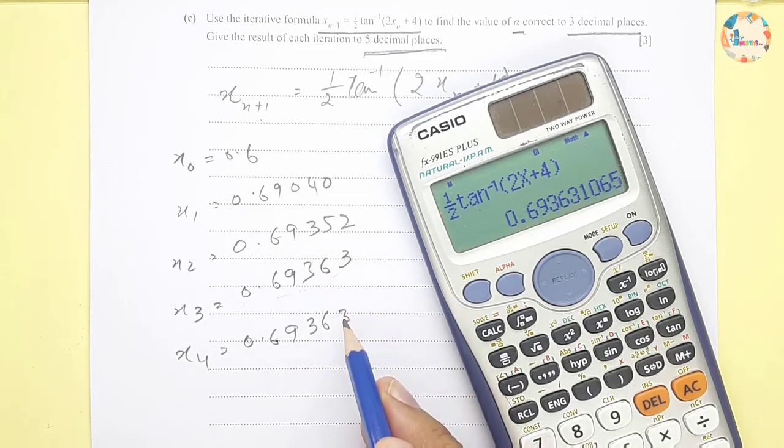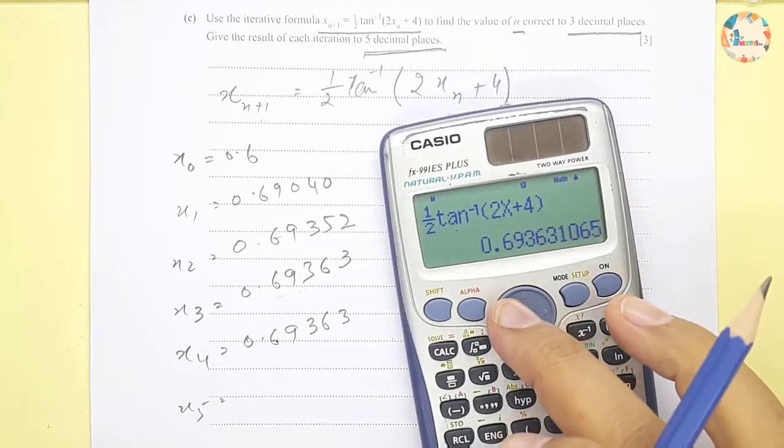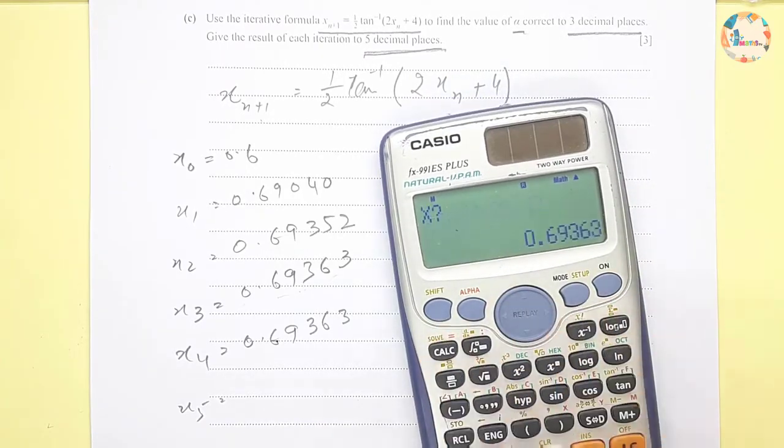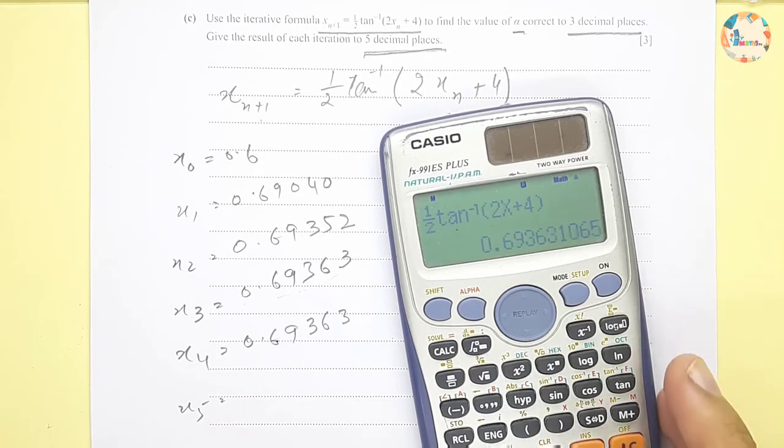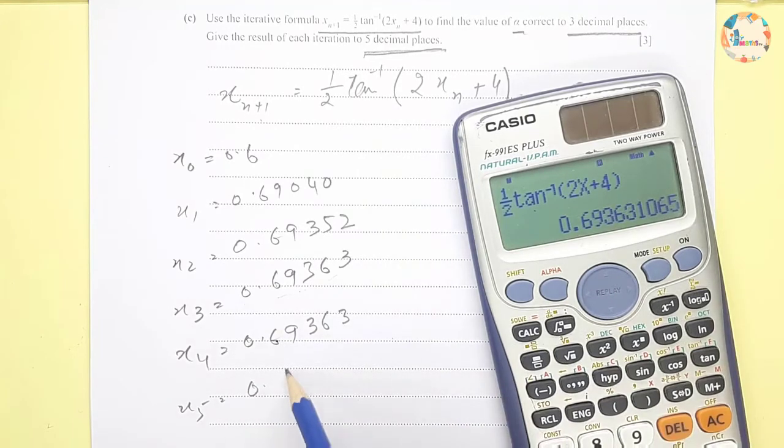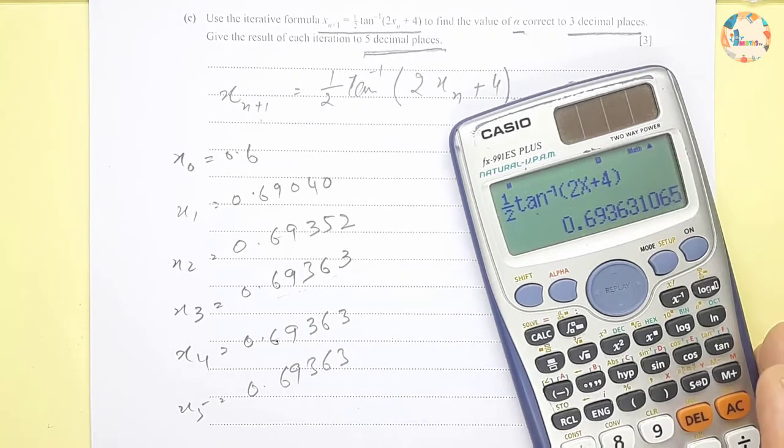We are getting repeated value, but we can check for one more. X5 also we can check. We'll again calculate 0.69363, and this will be giving 0.69363. So we are getting repeated number.